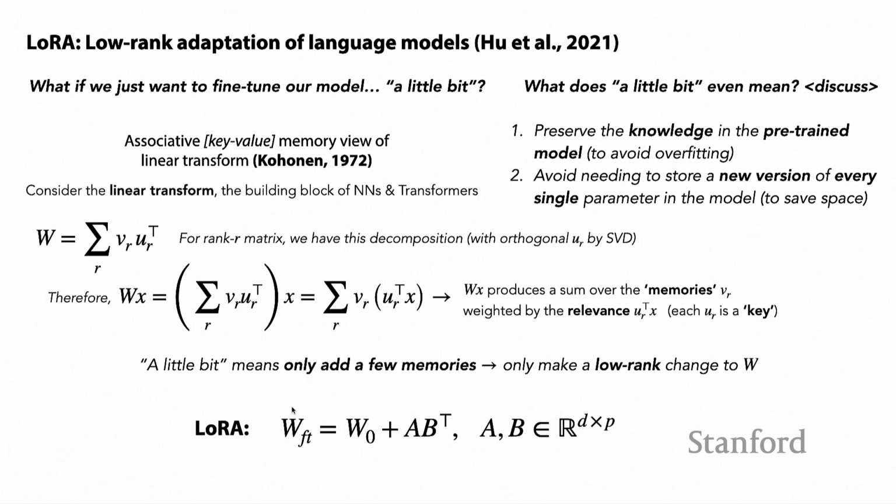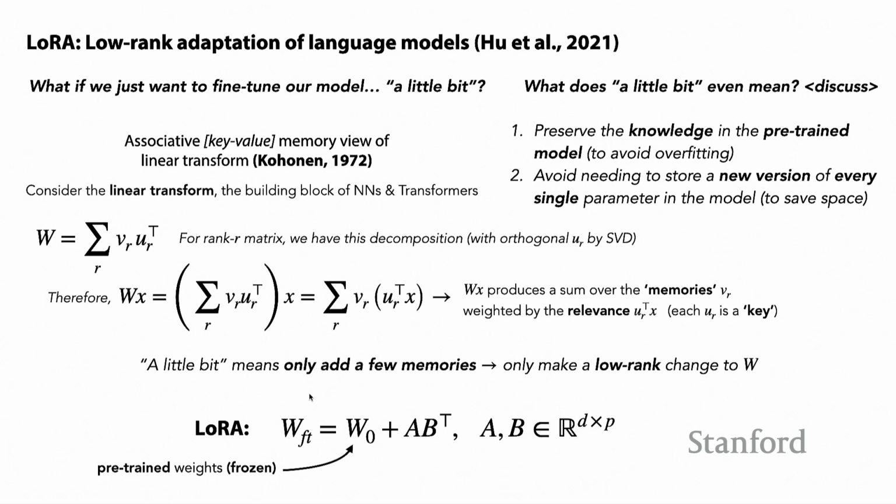So when we do fine-tuning, ultimately we're going to start with some pre-trained parameters W0. These are frozen. And our fine-tuned parameters are just going to differ from our pre-trained parameters by some low-rank matrix AB transpose. So both A and B are D by P matrices. Sorry, I should have written that W0 and W_FT are D by D. We're just assuming the matrix is square, but there's nothing specific to square matrices here.